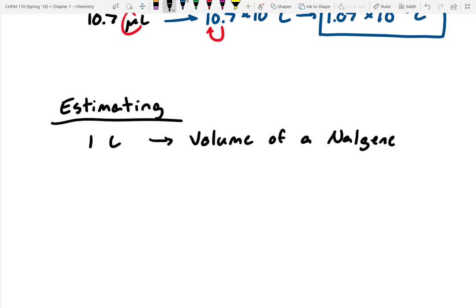All right, 1 meter. What's a common thing in your day-to-day life that's about 1 meter? Anybody know? A yardstick? Yeah, a yardstick is about 1 meter.